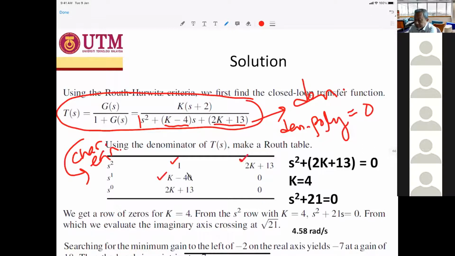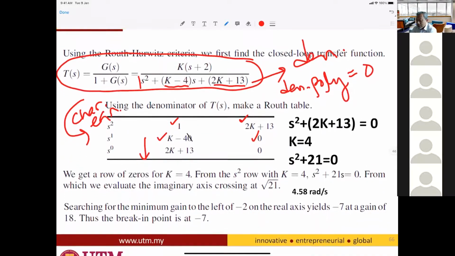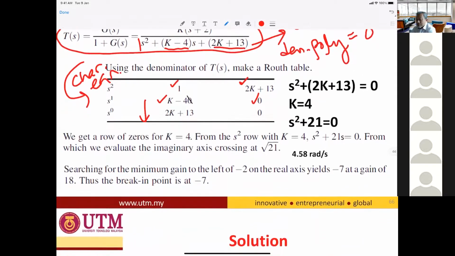So you insert these inside the Routh table, then continue filling it up until s0, where you will get 2K plus 13. Then use the equation from the first row, s squared plus (2K plus 13) equal to 0, where K is equal to 4.